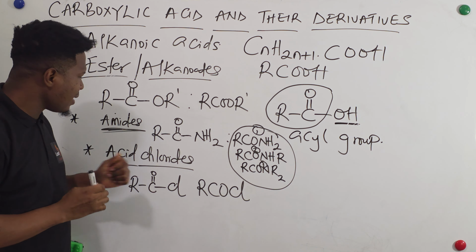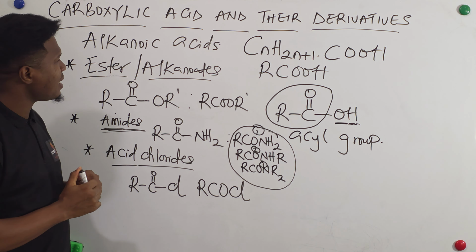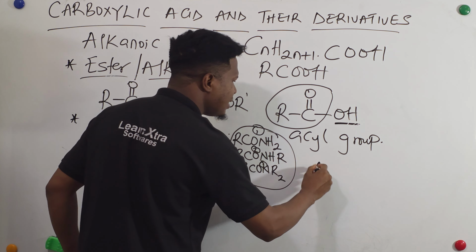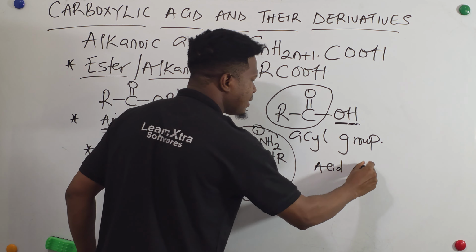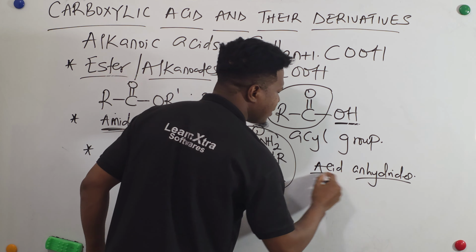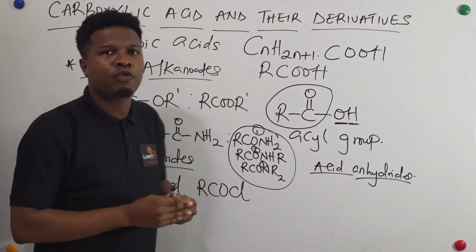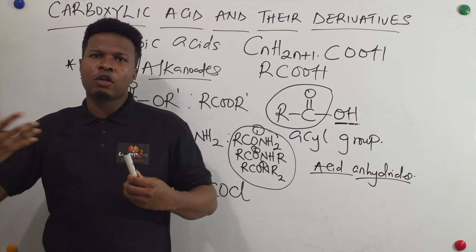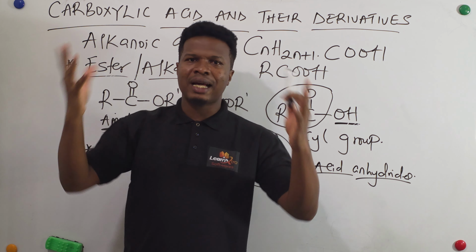Okay, so the last derivative of carboxylic acids are called acid anhydrides. Why are they called anhydrides? They are anhydrides because it's a combination of two carboxylic acids leading to the elimination of what? Water molecule to form an anhydride.